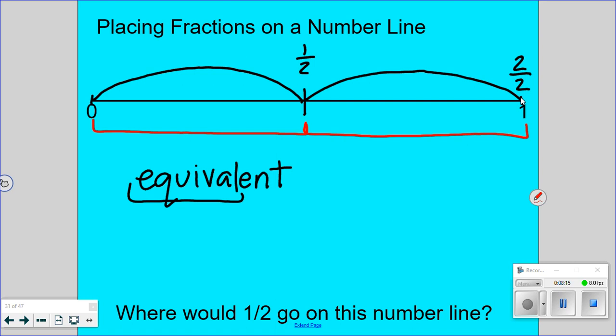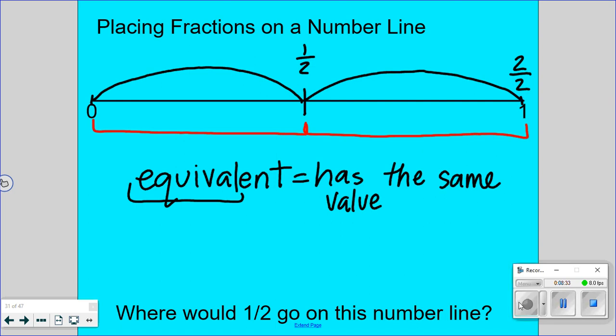Not the commutative property, it's equivalent. Has the same value. All right, ready to move on?